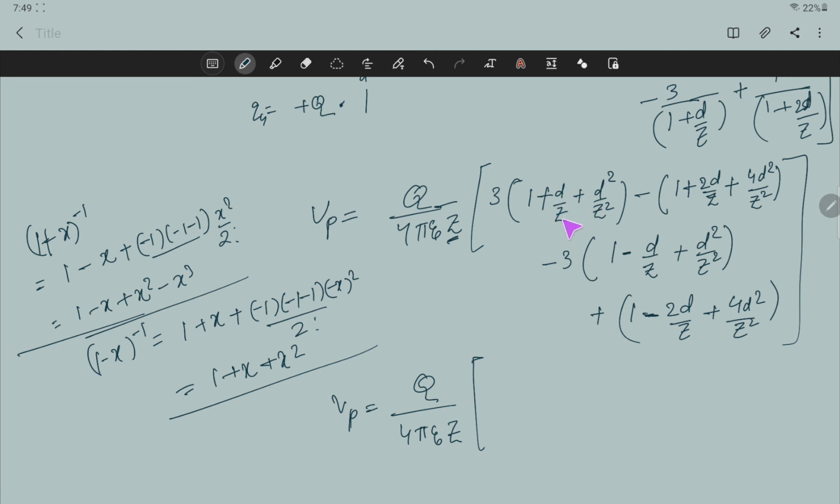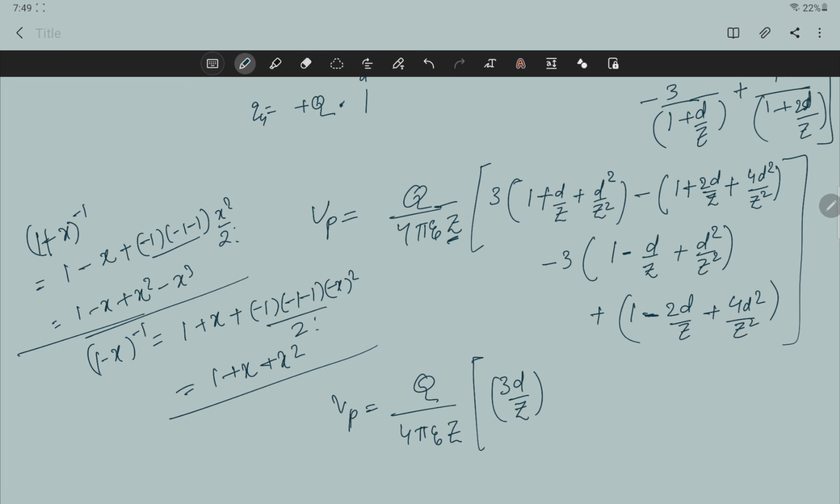So 3d by z we are getting, here we are getting minus 2d by z. So from the above two terms we get d by z. From here we will get plus 4d by z, and from here minus 2d by z. So we get 1 from above, plus 4 minus 2, that is 3. So 3d by z is the first term.